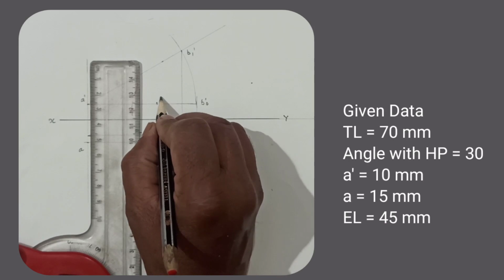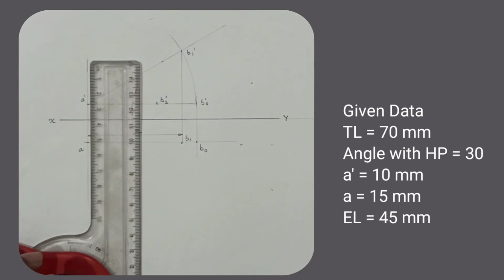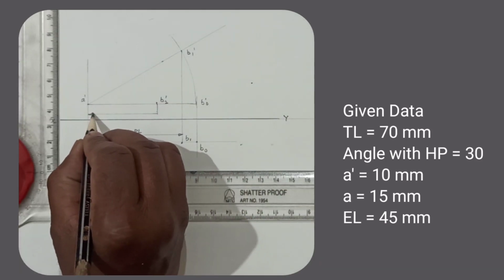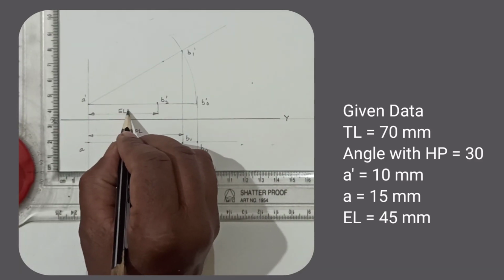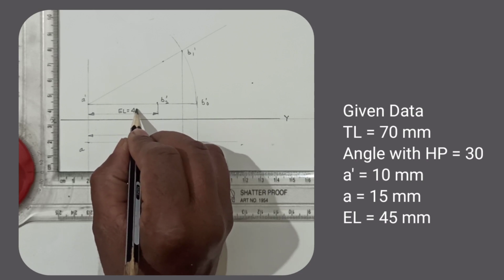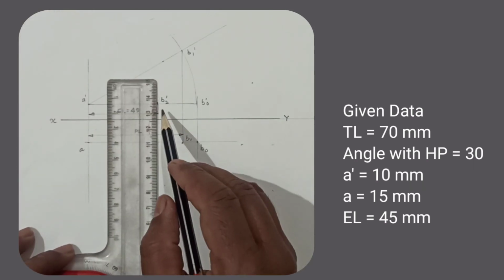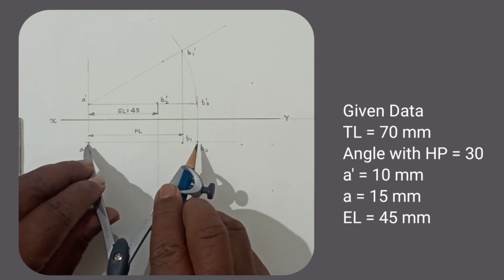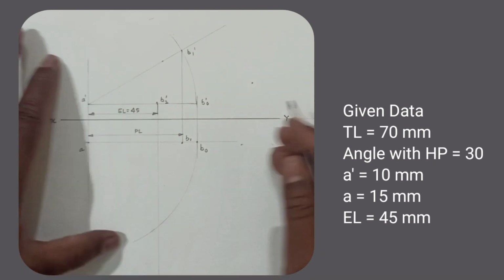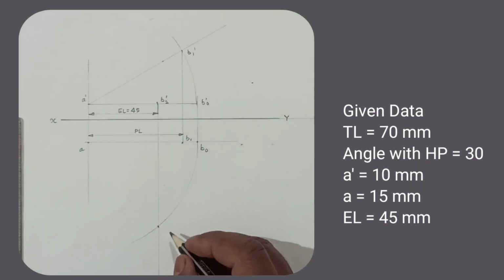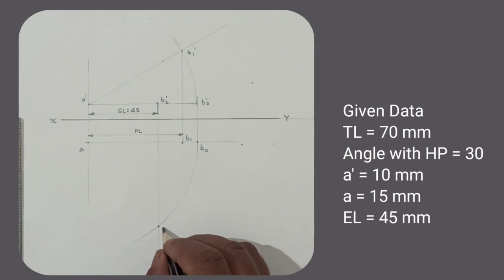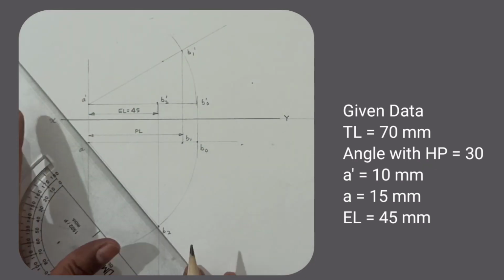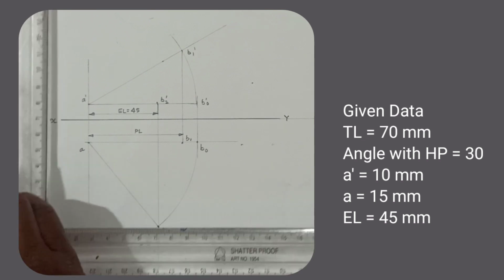Now show the elevation length, which is 45 millimeters, in the front view, that is on A'B0', and shift the B2 in the top view, which will help us to draw the top view when the line is inclined to VP and parallel to HP.